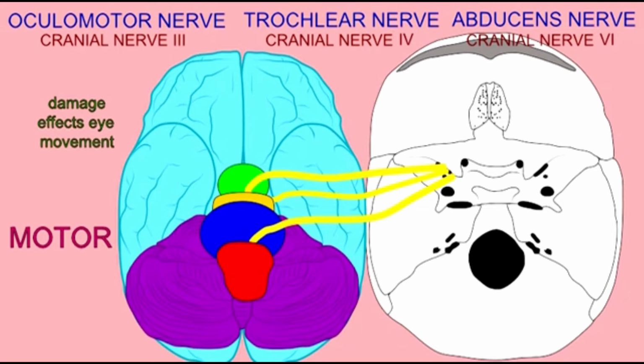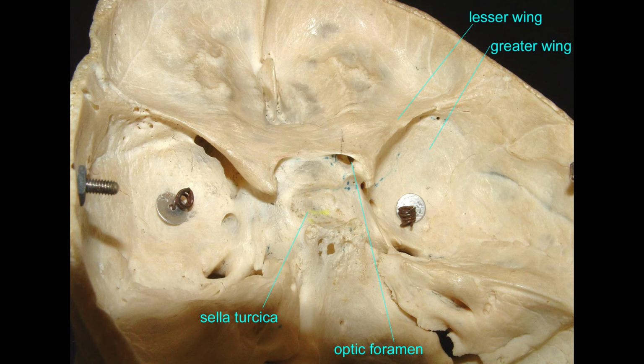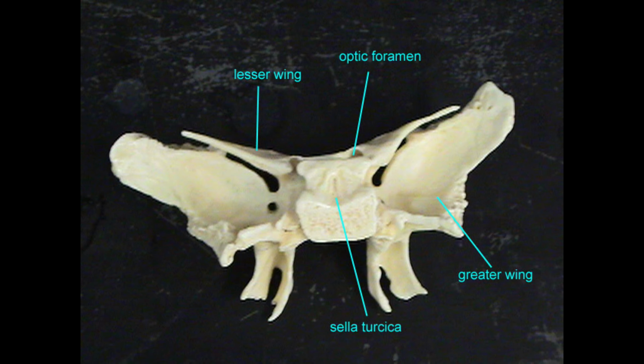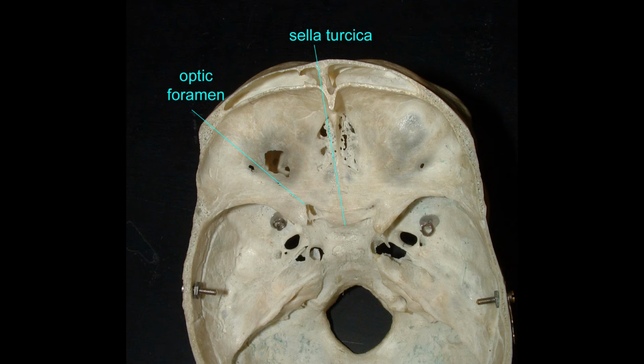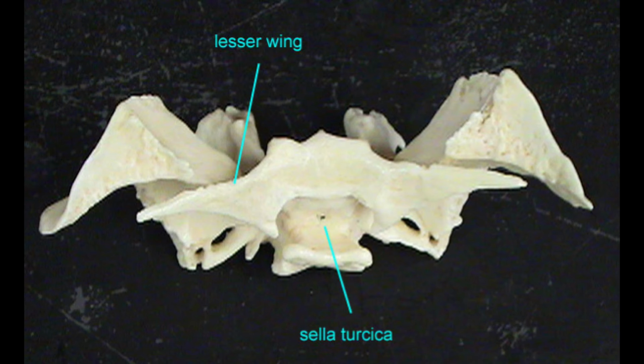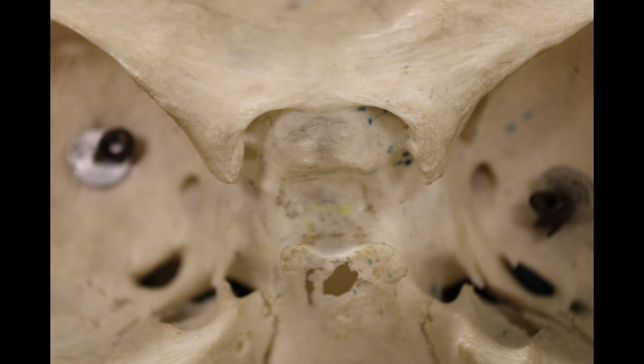When the body of the sphenoid bone is viewed from the internal base of the skull, there are two important structures in a region which is called the sella turcica, literally meaning the Turkish saddle, because it reminded early anatomists of the structure of a Turkish saddle.